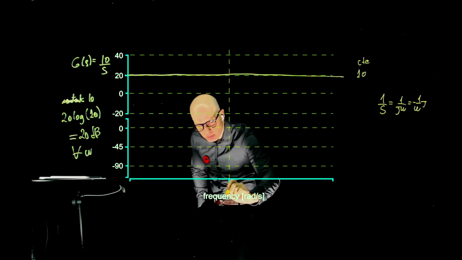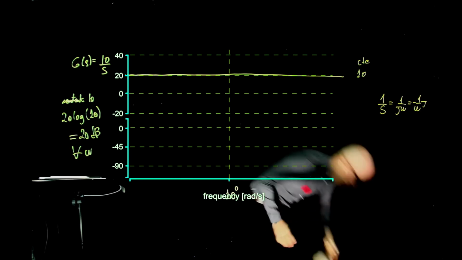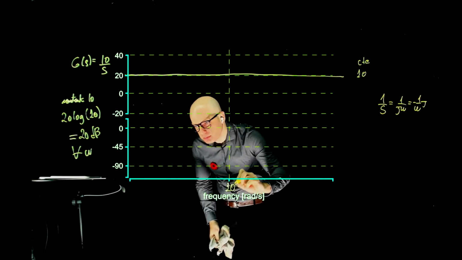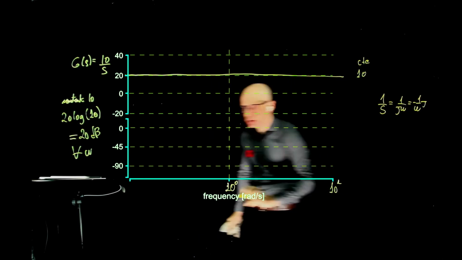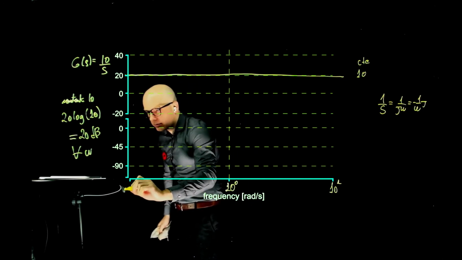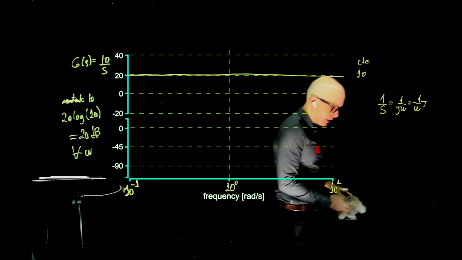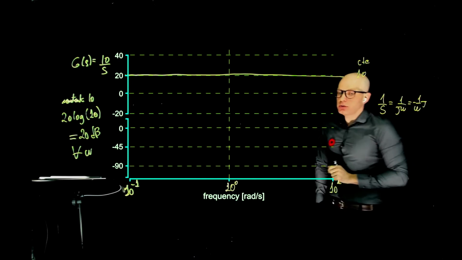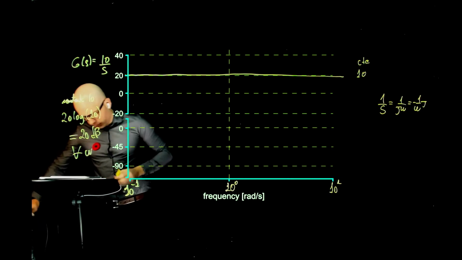By specifying this frequency to be 10 to the power of 0, that is 1 radian per second. This one here will be 10 to the power of 1. And this one over there will be 10 to the power of negative 1. 0.1, 1 and 10 radians per second. Now this thing will create a slope that decreases as the frequency increases.